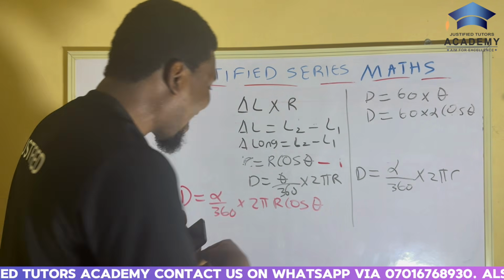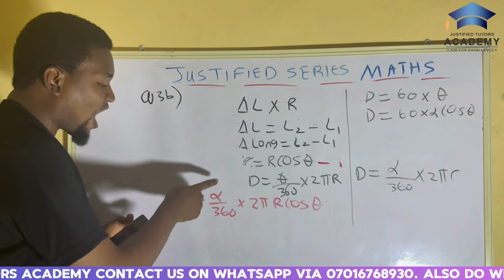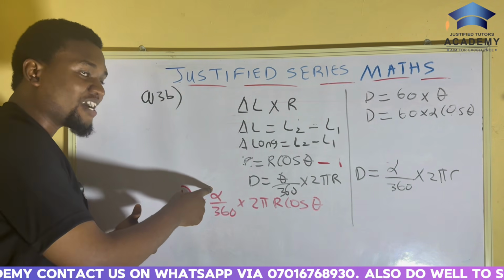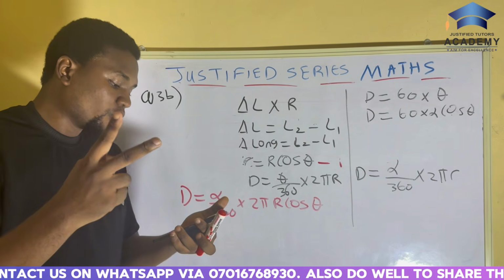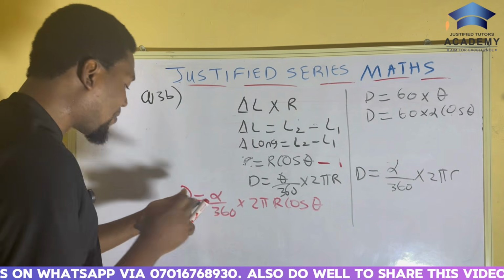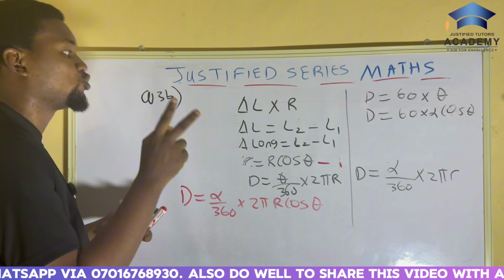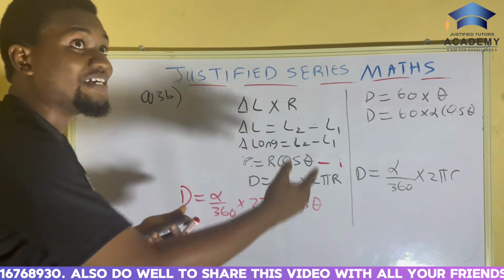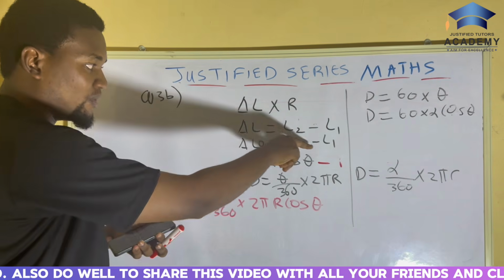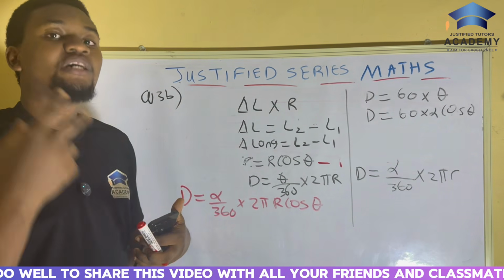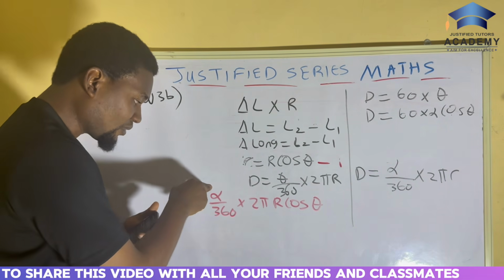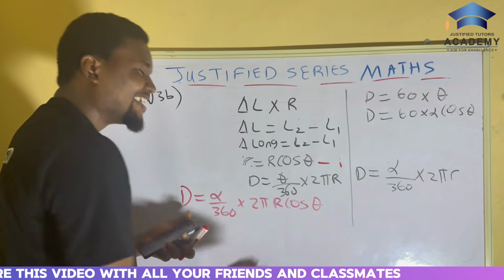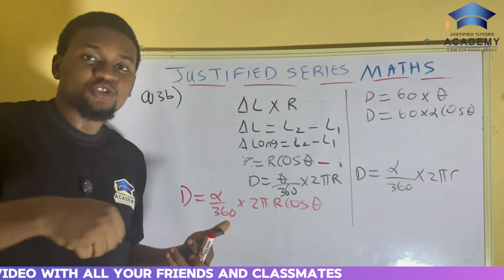Now, where alpha here is the difference between the two longitudes that you'll be given. If they are in the same plane, it will be difference. If they are not in the same plane, it will be addition. And this theta here is the latitude you are given.